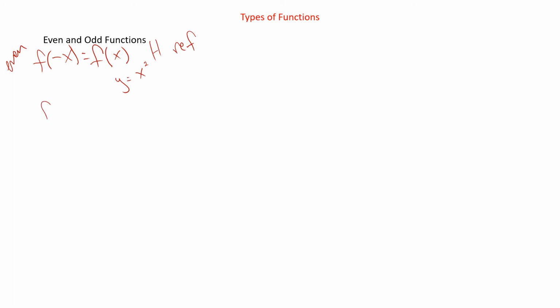Odd, f of negative x equals negative f of x. If you go positive, you go up. If you go negative, you go down, or vice versa. This gives 180 degree rotational symmetry. So if you took your graph and you turned it upside down, it would look the same.